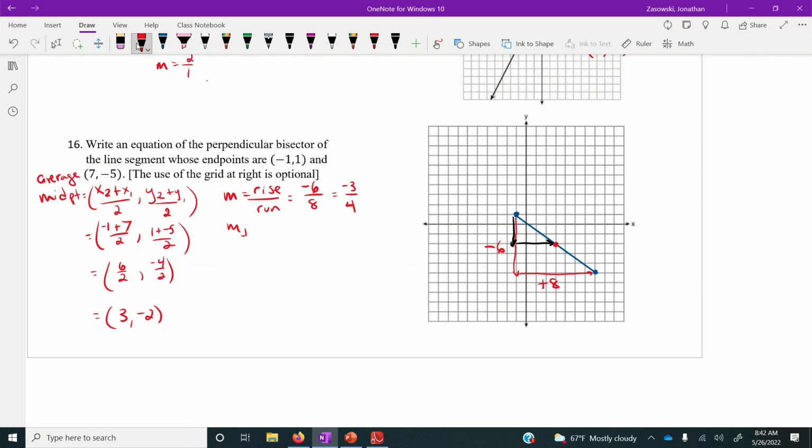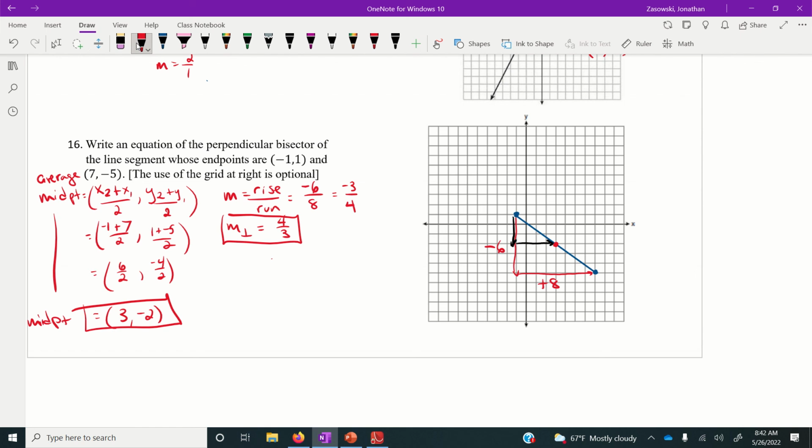But remember, we want the perpendicular slope, which is to change the sign and flip the fraction, so that would be 4/3. Finally, we want a line that has our perpendicular slope and crosses through the midpoint of our line, okay?